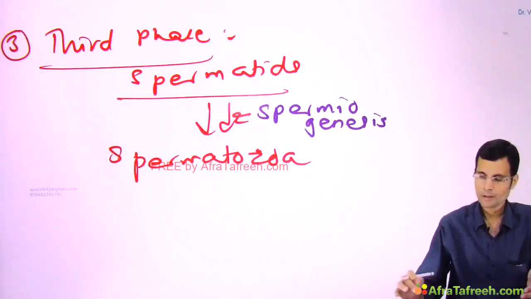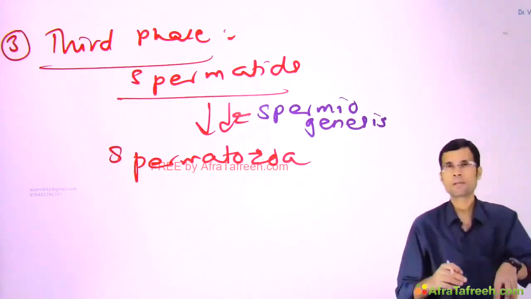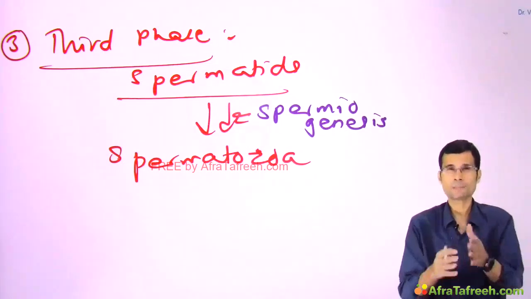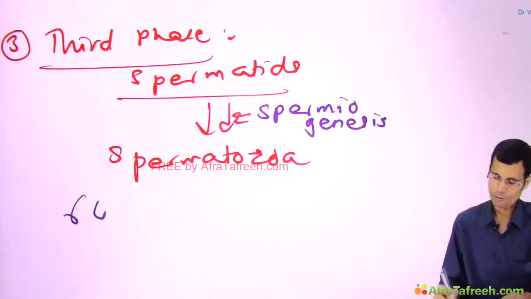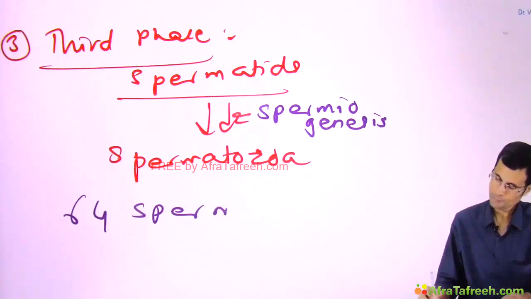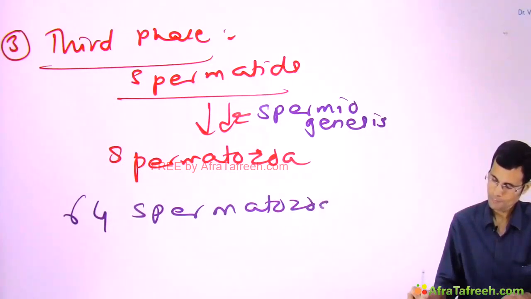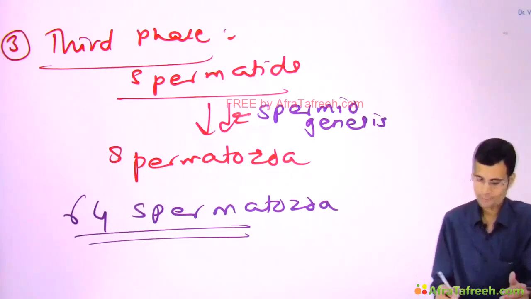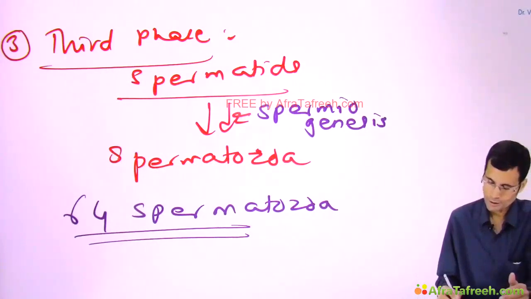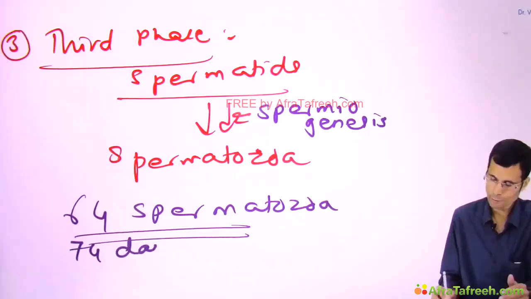Now, a single primitive germ cell, or rather each spermatogonium, will give rise to 64 spermatozoa, and the process of spermatogenesis takes about 74 to 75 days.